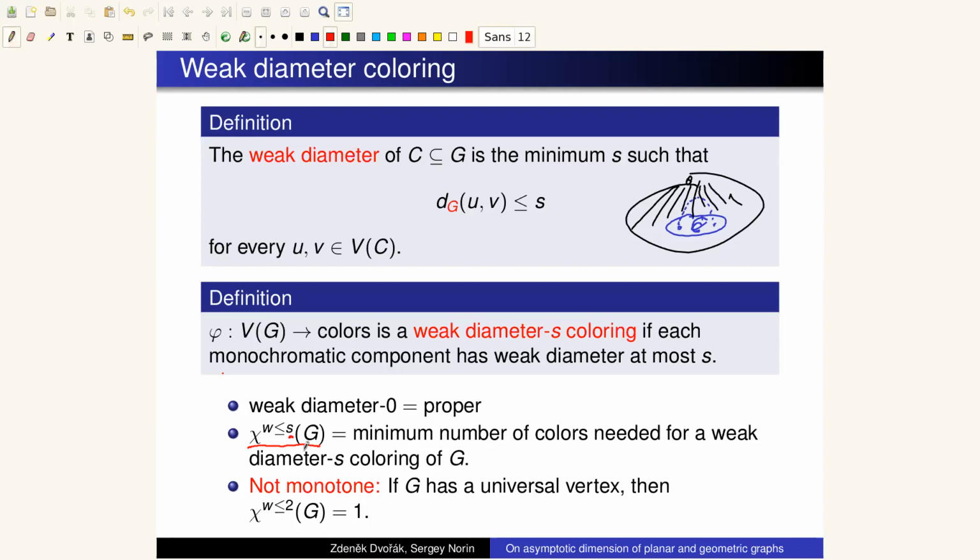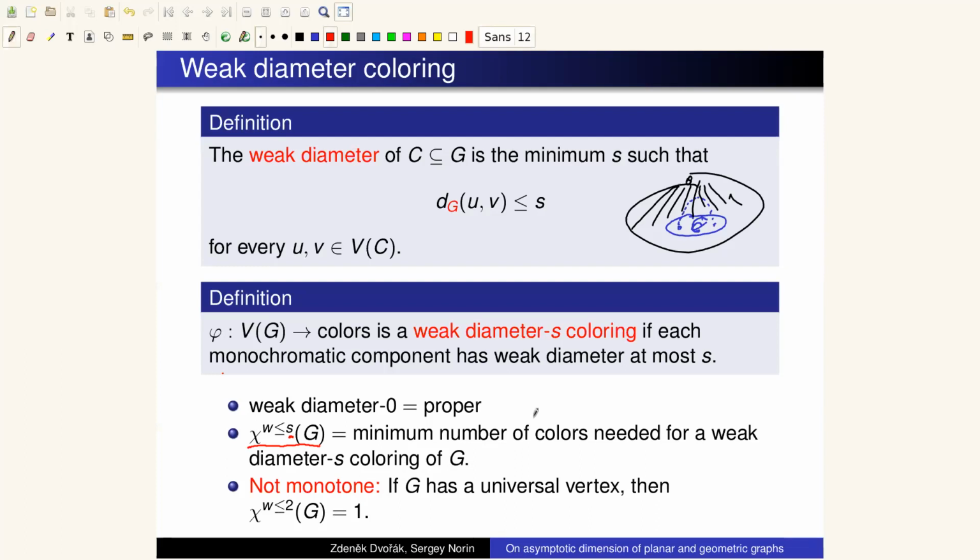And let me mention that, unlike the clustered coloring, this parameter is somewhat less well behaved. For example, in the sense that it is not monotone, that deleting vertices from your graph can increase this chromatic number.